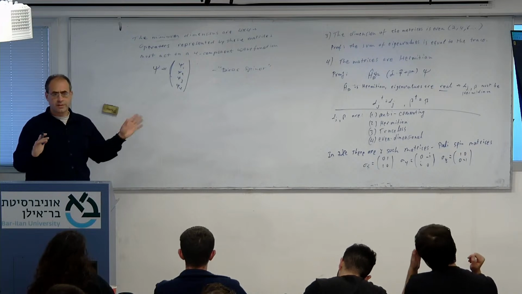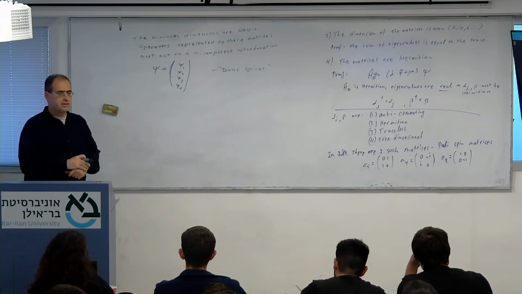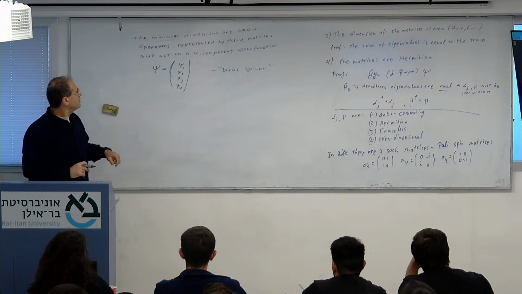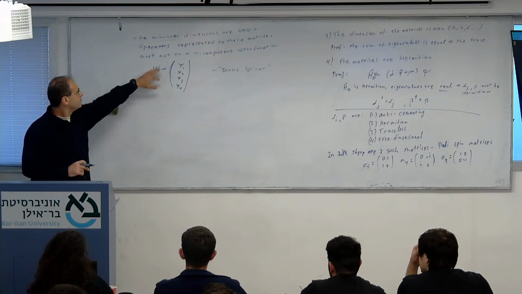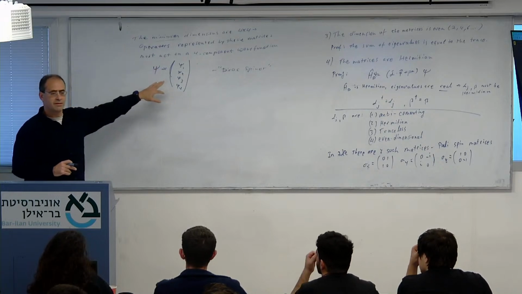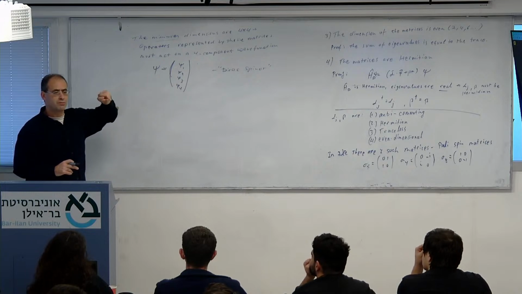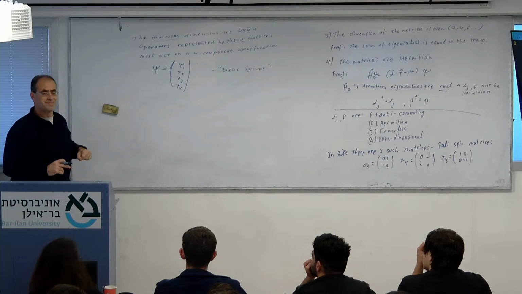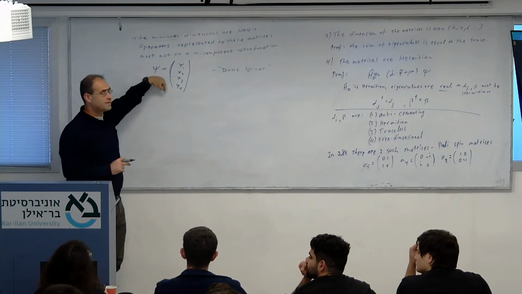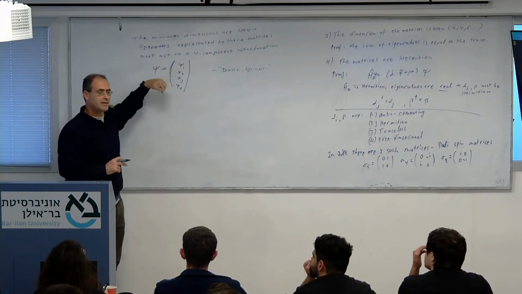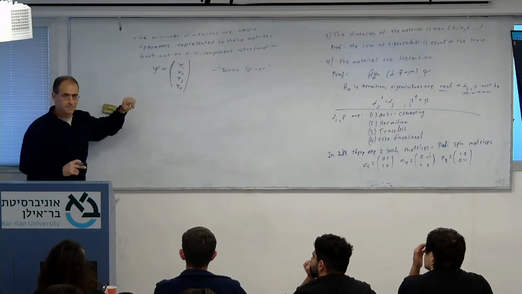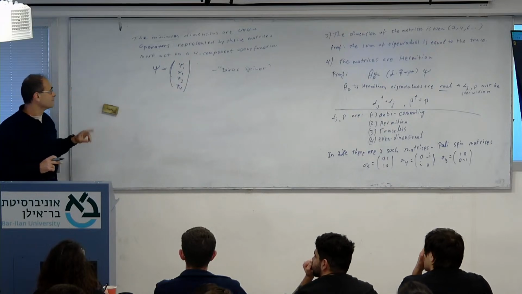If I said that, does anybody have an idea what would be the 4 components? What would they represent? Spin, but for spin you need 2. Up and down. It will be particle spin up, spin down, and then antiparticle spin up and spin down. You're going to see that. Pretty cool.